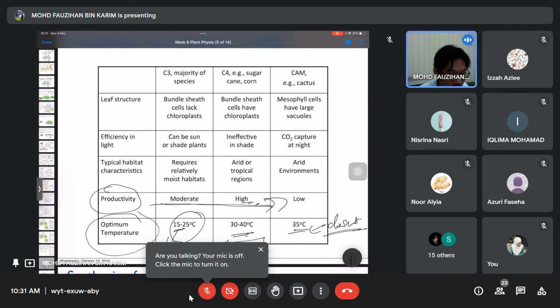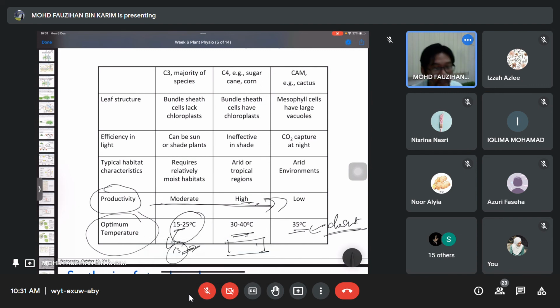In this case, if the temperature doesn't reach the optimum temperature, the optimum temperature is the best temperature. The minimum temperature is probably 25. The minimum temperature is the lowest temperature that can induce the activation of the enzyme. In C4 plants it is PEP carboxylase. So it needs higher temperature to activate the enzyme to fix the carbon dioxide.